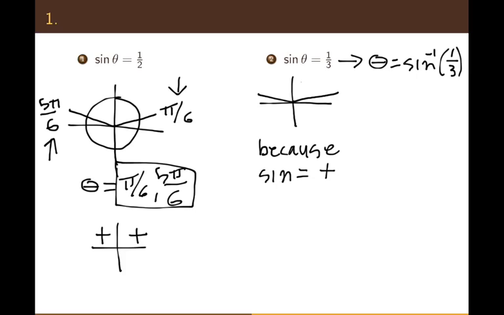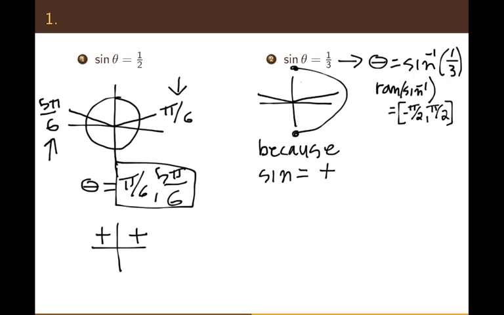To determine that, I need to remember that the range of sine inverse, as we talked about in lecture, is negative pi over 2 to pi over 2. Graphically, that means it is this half of the plane.